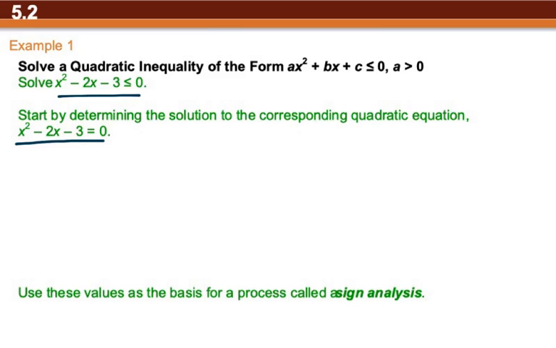So the easiest way to solve this is factoring if we can. We would need two numbers that both multiply to -3 and also add to -2. -3 and 1 will work, so this would factor into x minus 3 and x plus 1 equals 0.